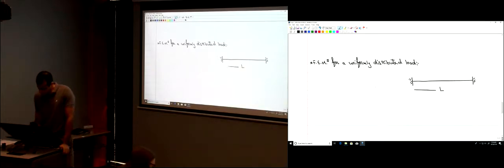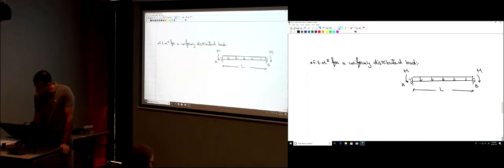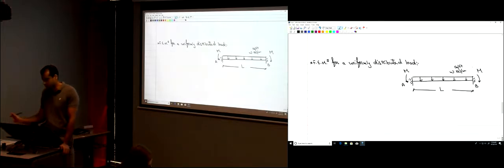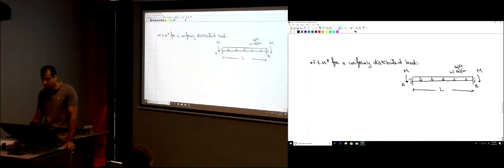We have a member of length L, that's point A, that's point B. We have fixed end moments M here, again symmetric because the load is symmetric. The intensity of this uniform load is W. In US customary units it's pounds per foot, or in SI units, kilonewtons per meter or newtons per meter. We want to find how much is M.